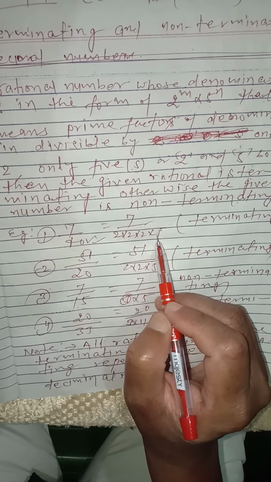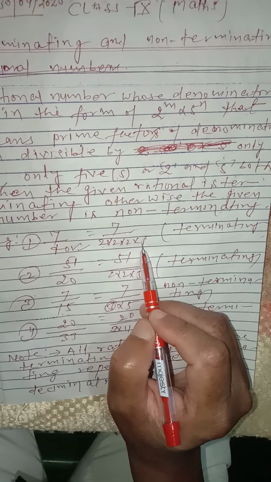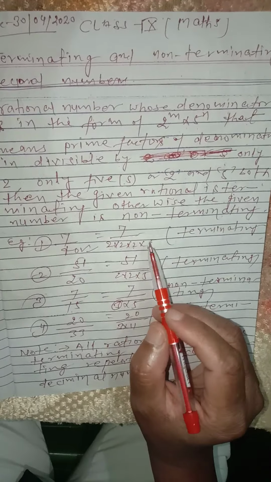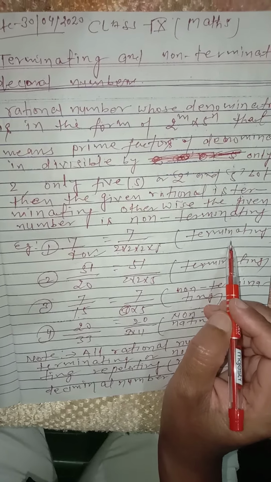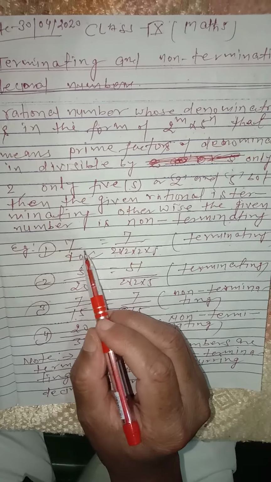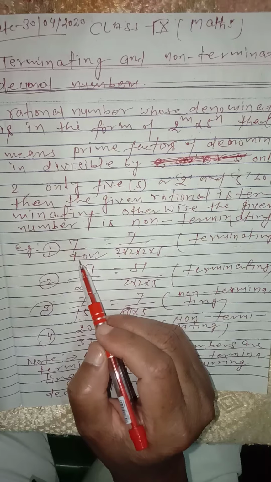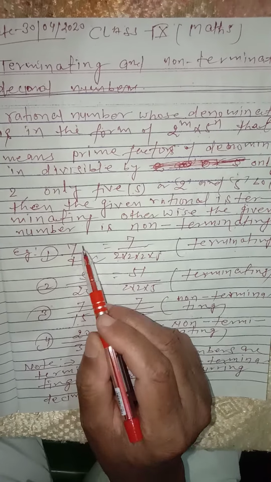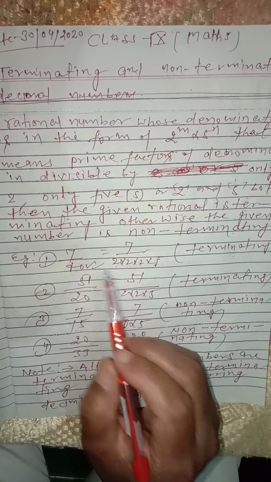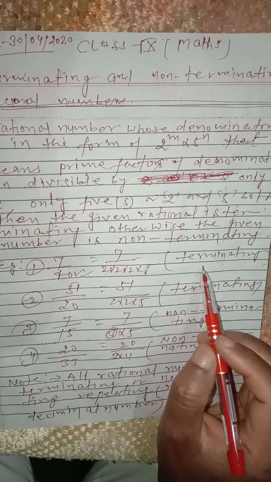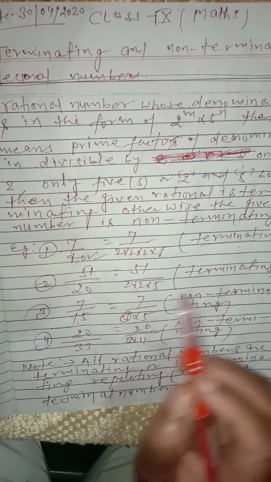Only 2 and 5. Therefore, according to the rule, this is a terminating decimal number, because when it is divided, we get a remainder of 0. So 7/40 is a terminating decimal number.